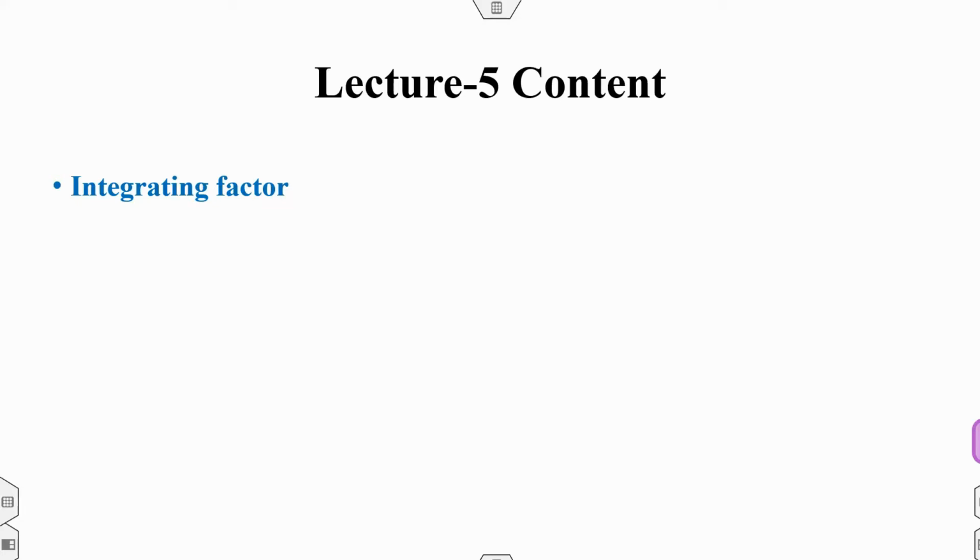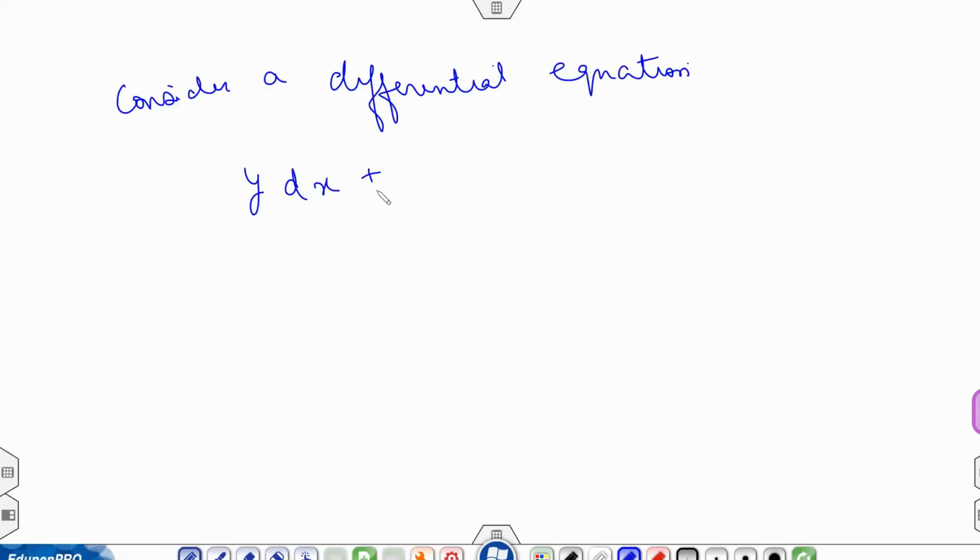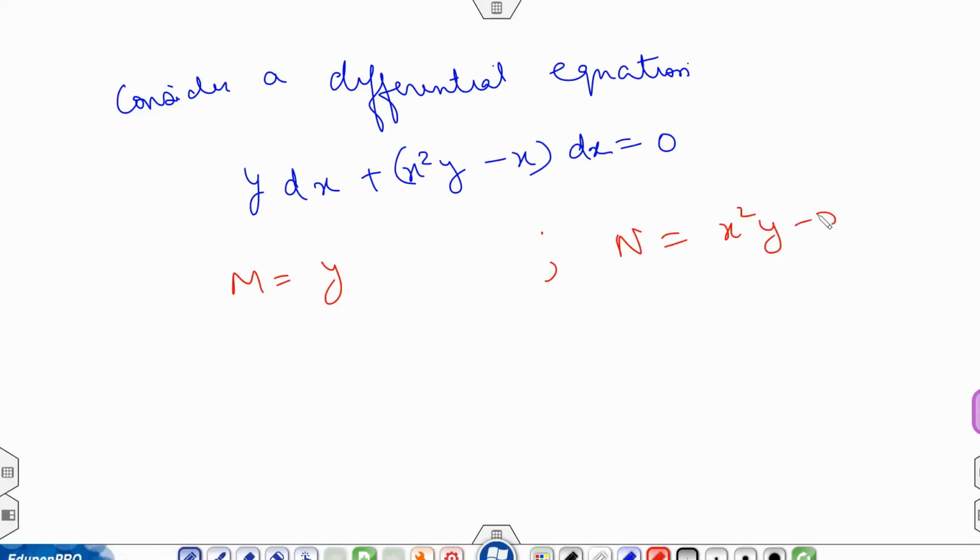So let's start. To make the term integrating factor more clear, I will take an example of a differential equation. Suppose this is my differential equation: y dx plus (x² y minus x) dy equals 0. Now if you see here, my M is y and N is x² y minus x.